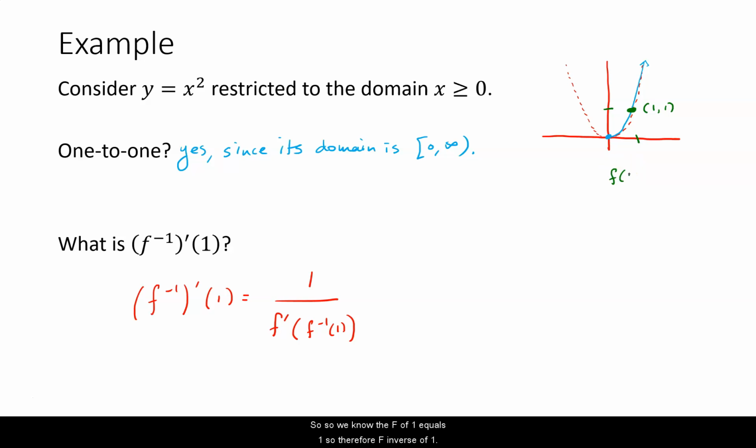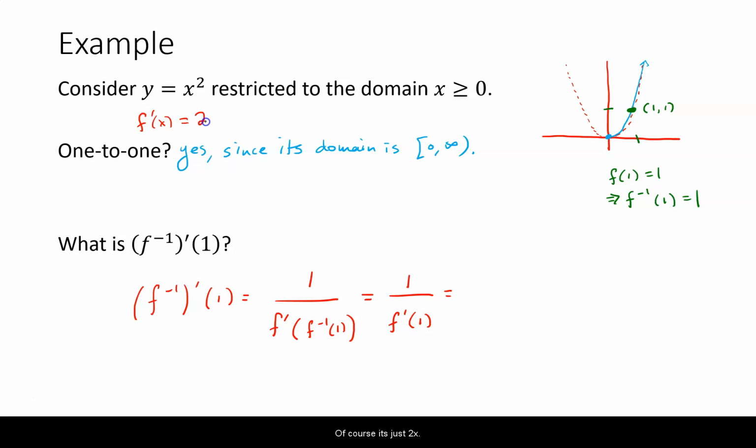So we know that f of 1 equals 1, so therefore f inverse of 1 also equals 1. So this will equal 1 over f prime of 1. So really, we just have to find the derivative of our original function, x squared, which of course is just 2x. So this will be 1 over 2 times 1.